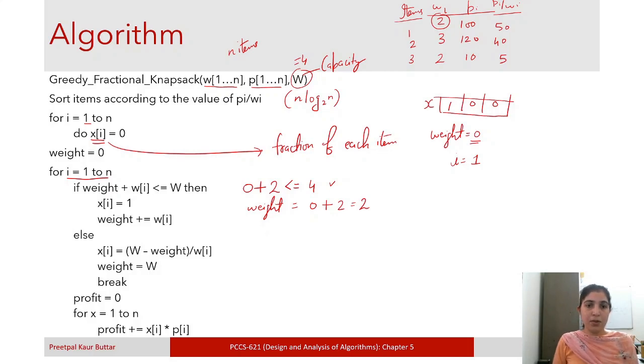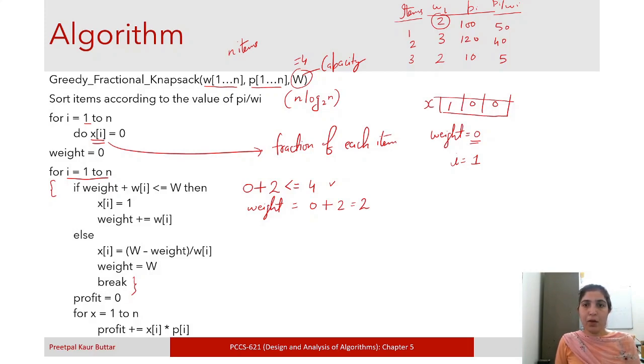The else part will not be executed for i equal to 1. It means we move further inside the for loop. I think the for loop should end here, right? This is not part of the for loop.